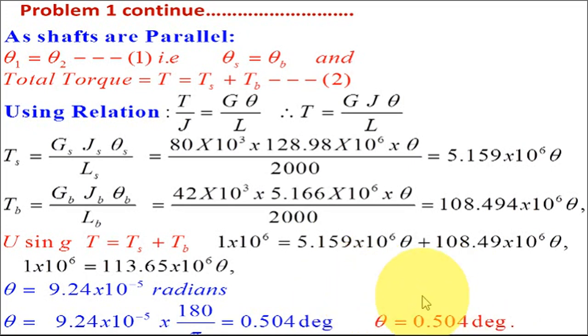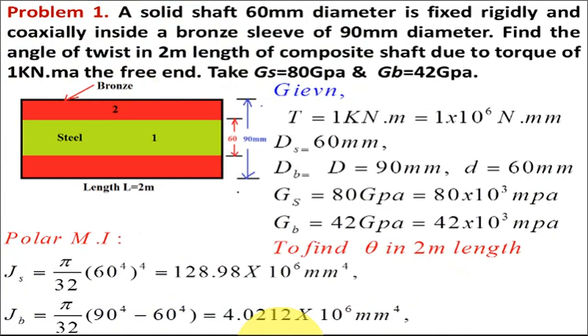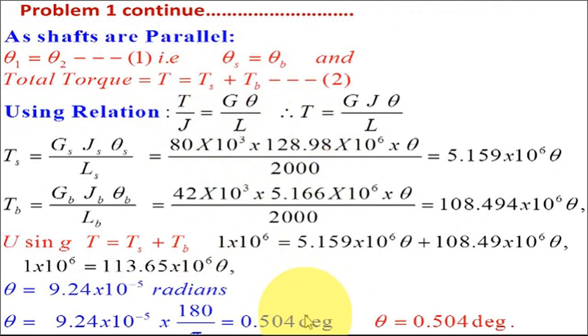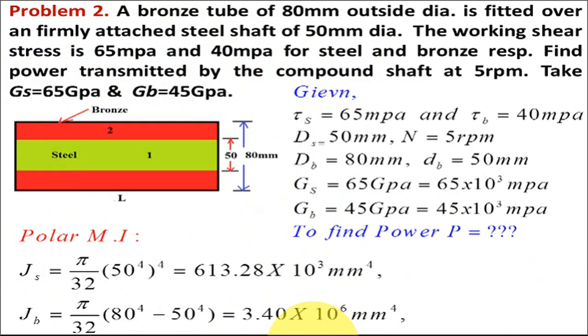So this is about the first problem. The problem is very simple, but first of all you should be able to identify the condition given in the problem. The condition given is shafts in parallel, and accordingly you use all these terms systematically, and you will get angle theta.